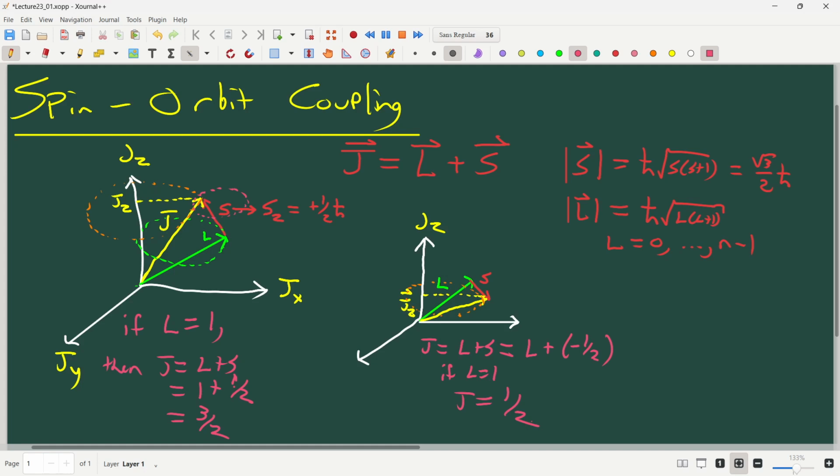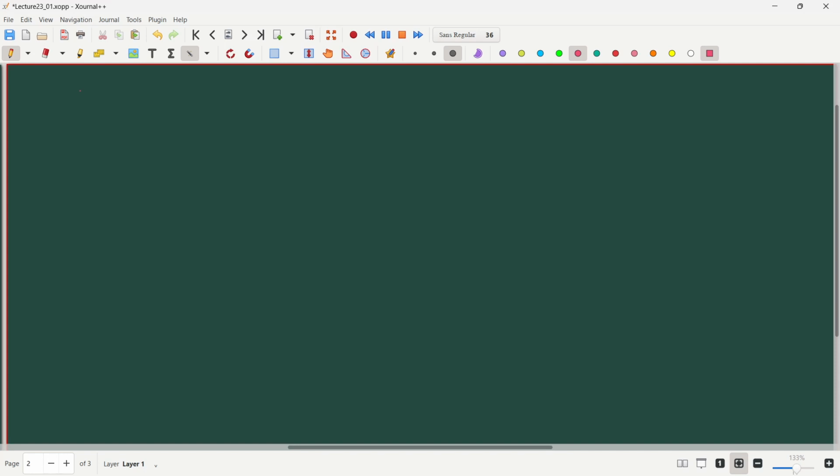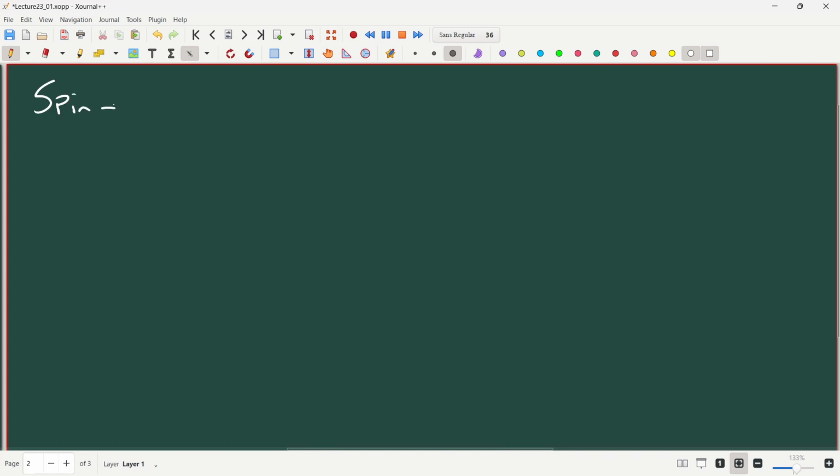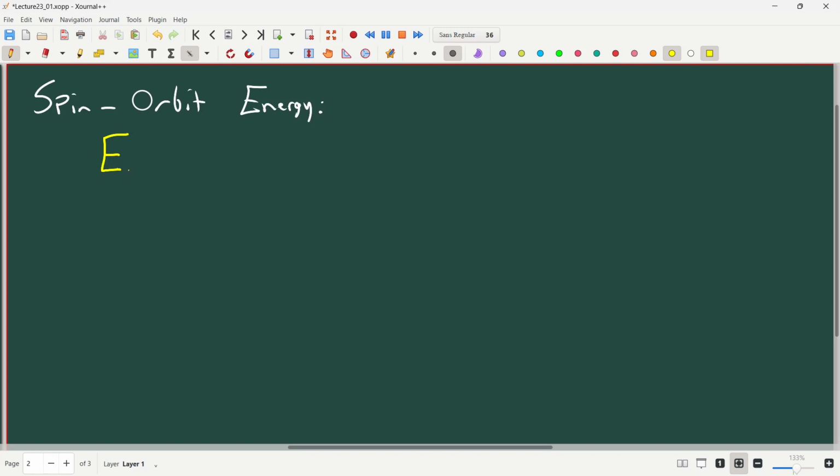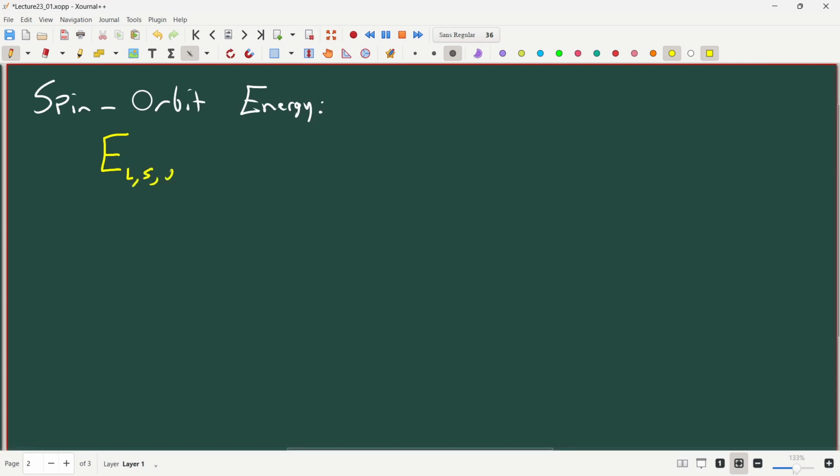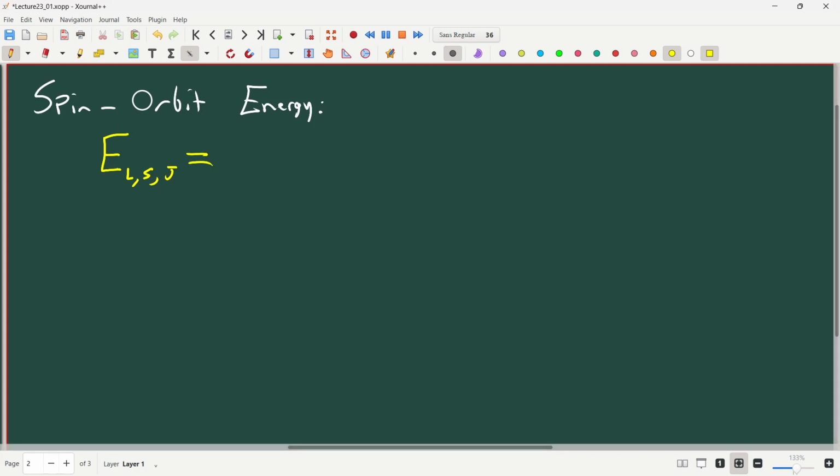So let's look a little bit at that. I won't go through the quantum mechanics too much, but what you can show is that the spin orbit energy of a level is a function of L, S, and J. It takes in three numbers.